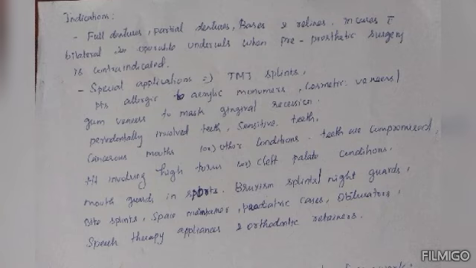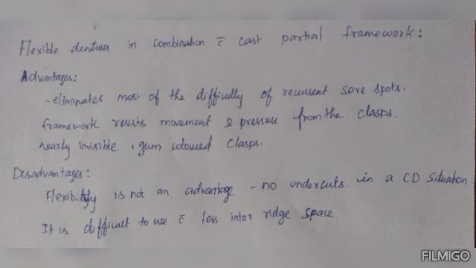If the teeth are compromised, treatment involving high torus and cleft palate conditions, mouth guards in sports, bruxism splints, night guards, bite splints, space maintainers, pediatric cases and obturators, speech therapy appliances and orthodontic retainers.